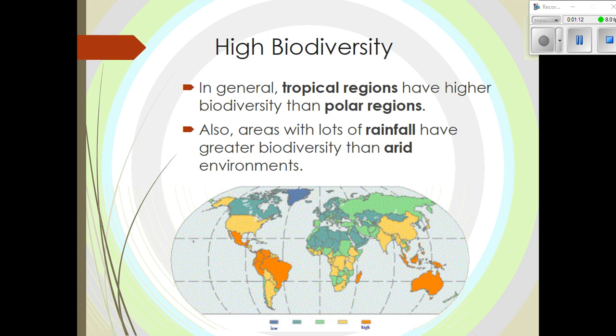In general, tropical regions, areas that are warm and wet near the equator, have very high biodiversity, and areas that are polar, that are quite cold, have lower biodiversity. Also, if we have more rainfall, we can support more living things and therefore have a higher biodiversity than an arid, which also means dry, environment like a desert, which has very low biodiversity.